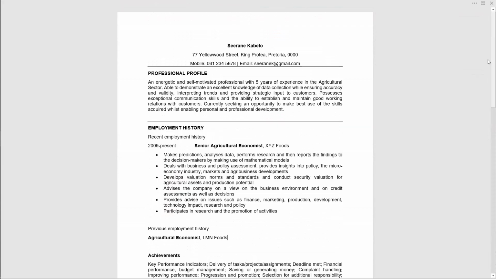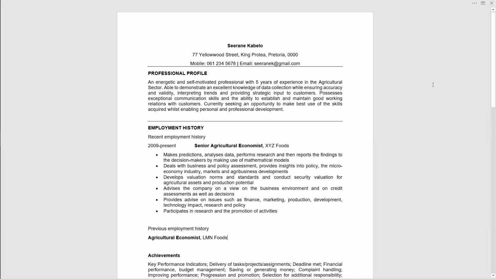And always remember to send your CV in PDF format, because sometimes when you send it in Word, when it gets to another person, they try to open it, the format of your structure might change. So PDF is always safe, as the formatting will always be contained and in place.